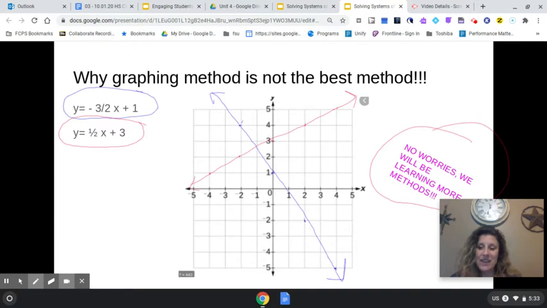So for right now, we know that this system has a solution, but it's really hard to tell exactly where it's located. I could guess maybe negative 1, 2 point something. But again, it's really hard to tell. So don't worry about it. We'll eventually get some other methods. And maybe the graphing method isn't the best method to use, at least most of the time.